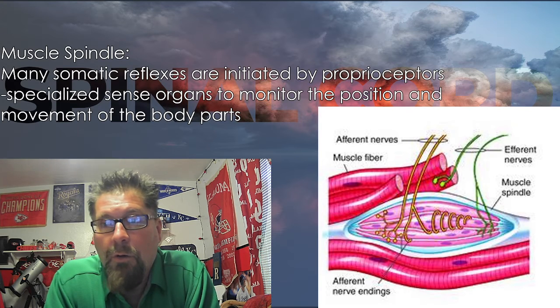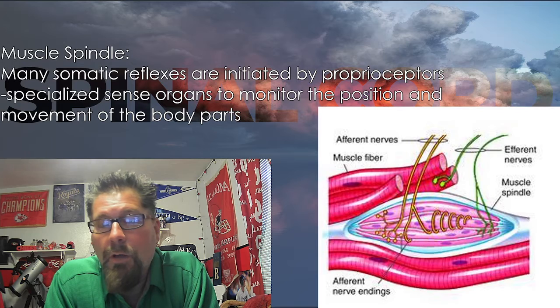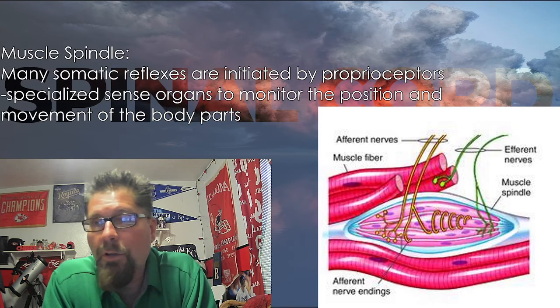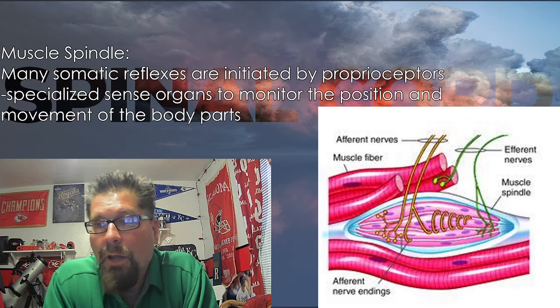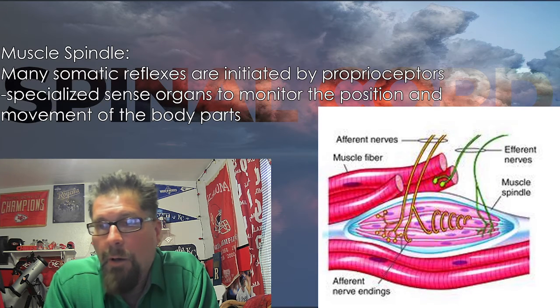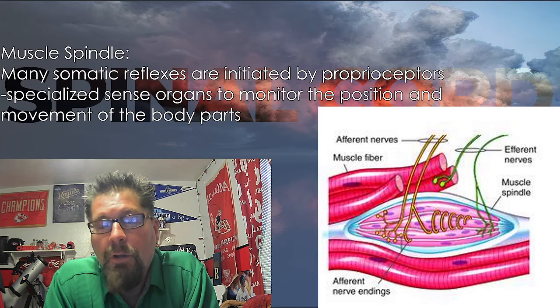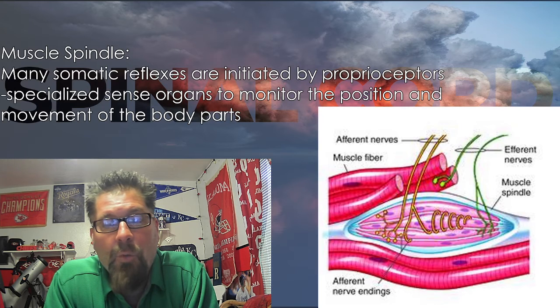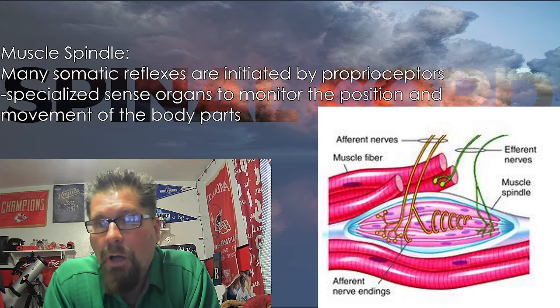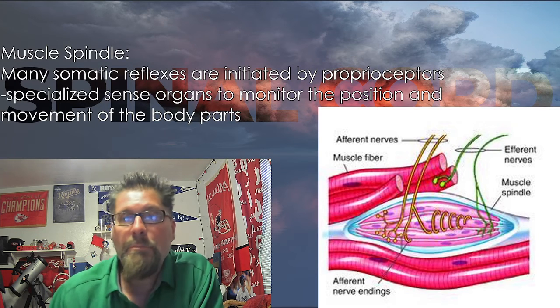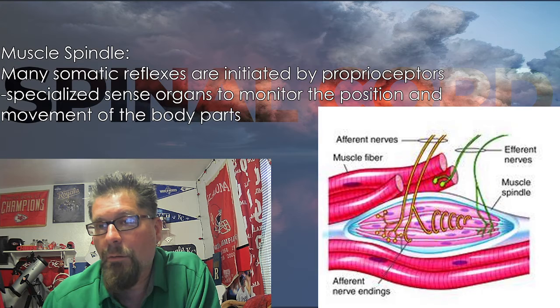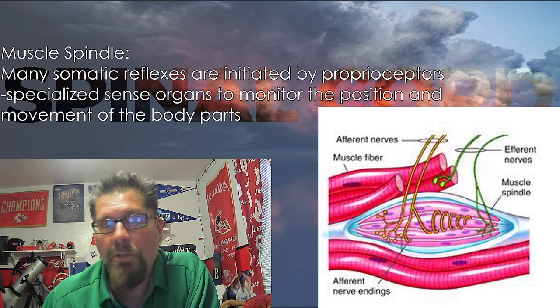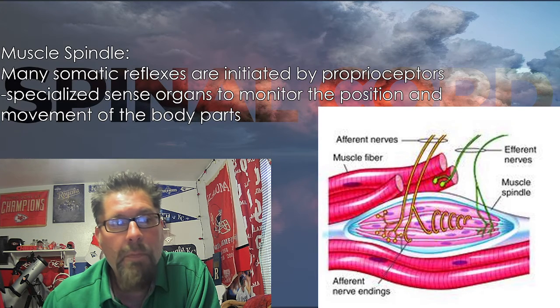They're full of muscle, but they've got those two nerve types that are so important to getting stuff done: the afferent and efferent nerves. In other words, sending information away, receiving information, making those decisions. So that's our muscle spindles.